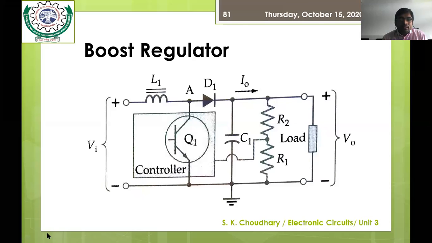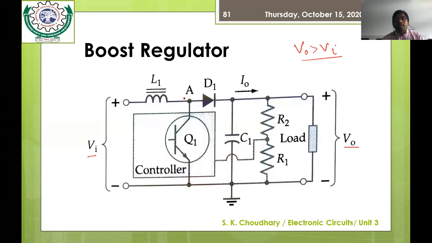This is the regulator that is basically used to step up the value of the output voltage, or to boost the output voltage with respect to VI, the input voltage. So here V naught is greater than Vi. In the previous case, it is less than. For this purpose, we have rearranged the components, and the inductor is directly connected to the input supply, and the switch, this BJT transistor, is connected across the input voltage source.